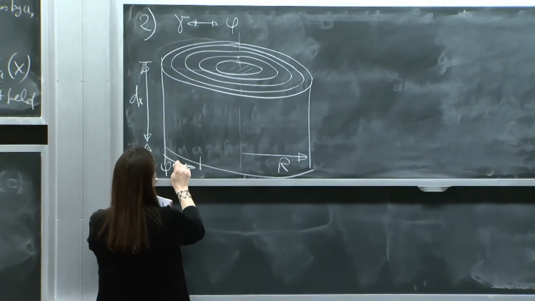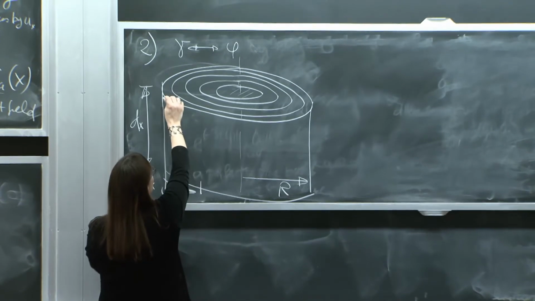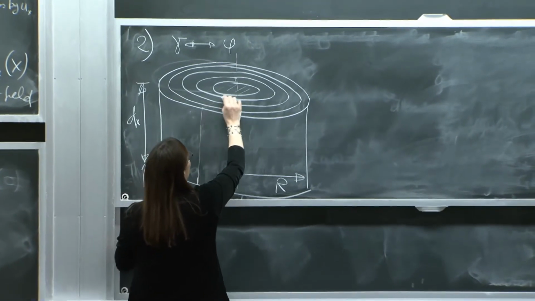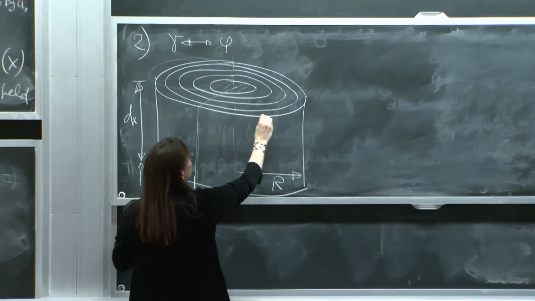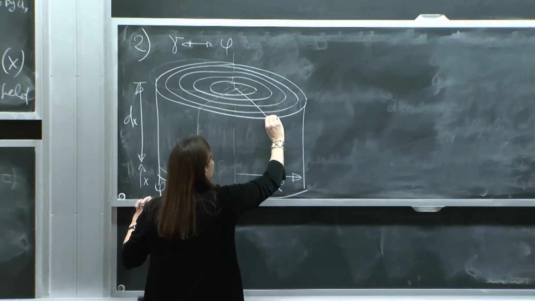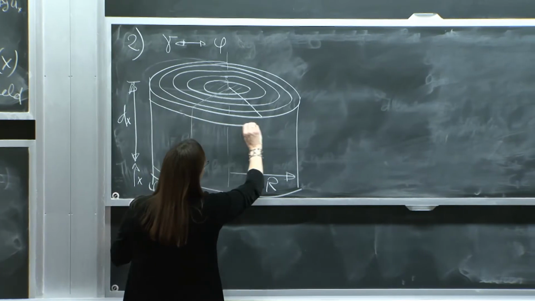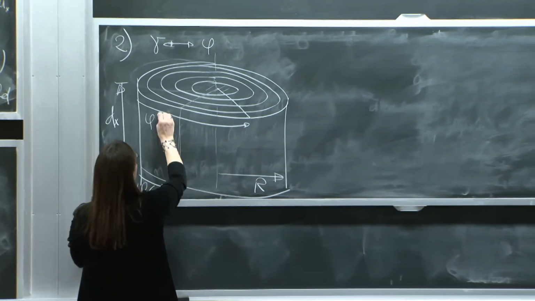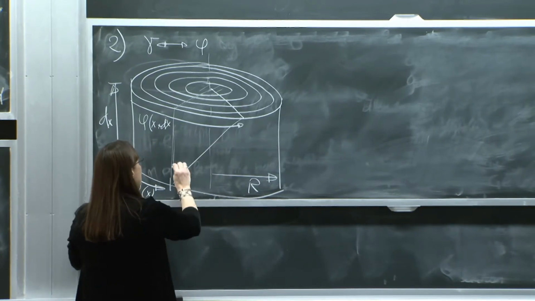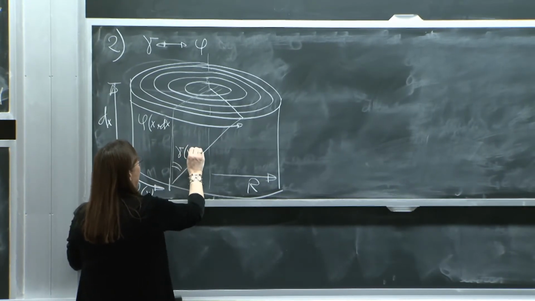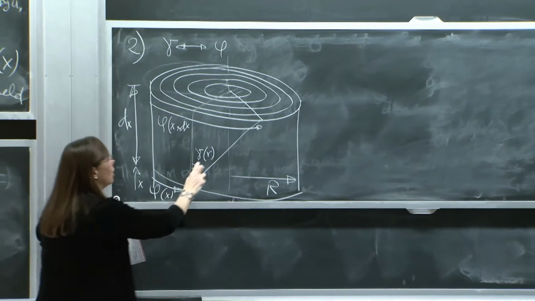So this was my phi of x. And this is where this line is, and at x plus dx, I'm here. So this thing here is phi of x plus dx. And this line here is still gamma at big R, sorry.